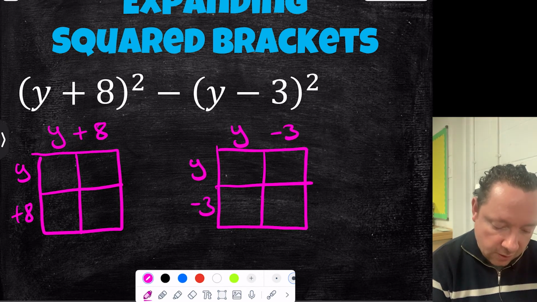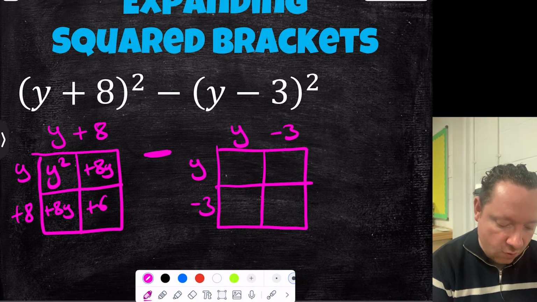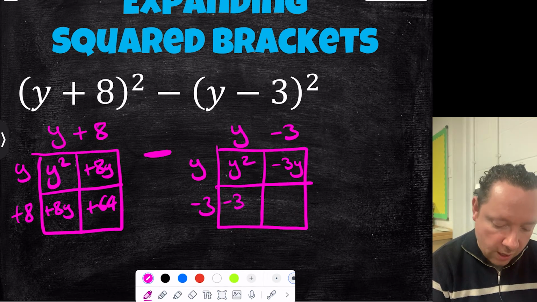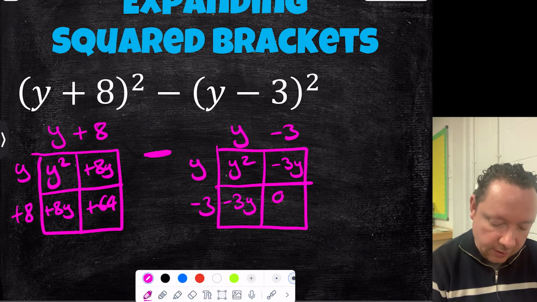And just a reminder, we're going to take away at the end. So we get y squared plus 8y plus 8y plus 64. And then we get y squared minus 3y minus 3y. Minus times a minus is a plus. So that gives me 9.